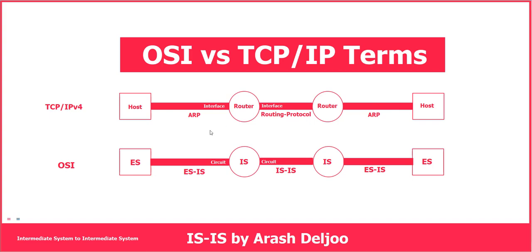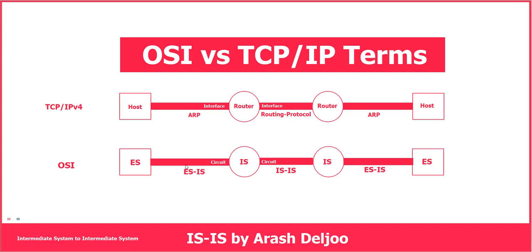Okay, let me compare this terminology and these rules with the OSI practical model. You know that in the OSI practical model we had ES, or end system, connected to the IS, meaning intermediate system.